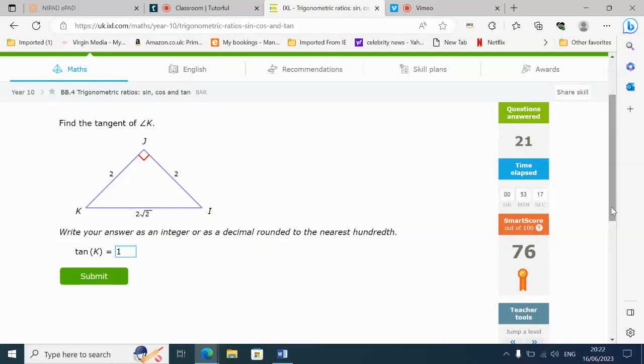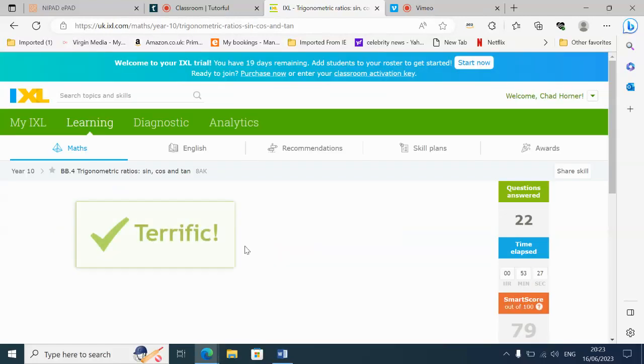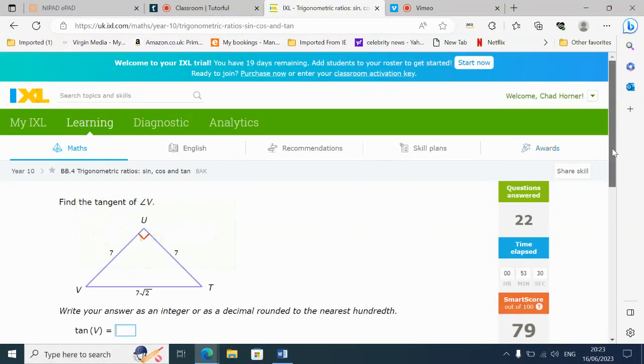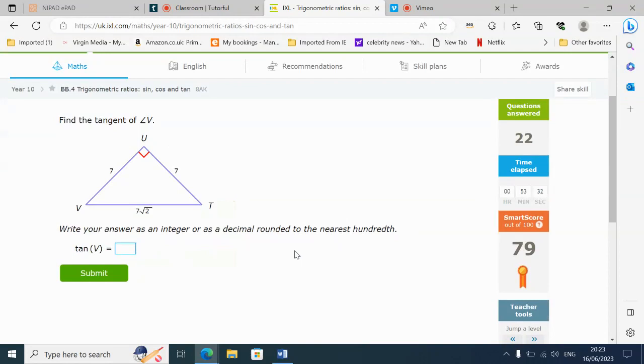So would that be the answer then? Yeah. It says to the nearest 100. Let's see if that's correct. It is. Well done. Okay, so let's keep it going. Again, it'd be the same thing.